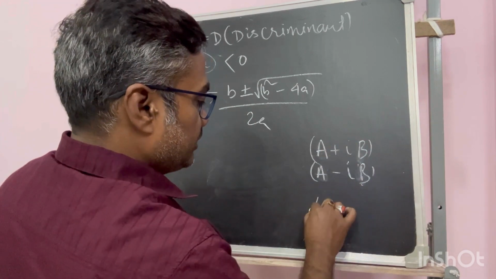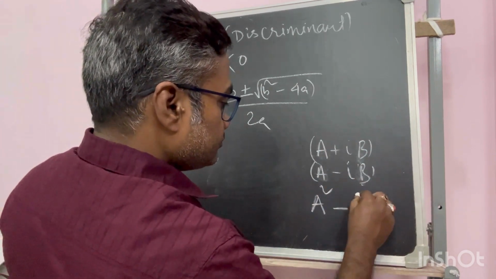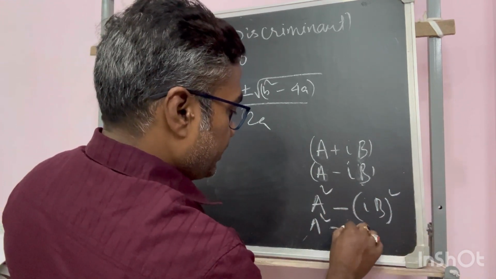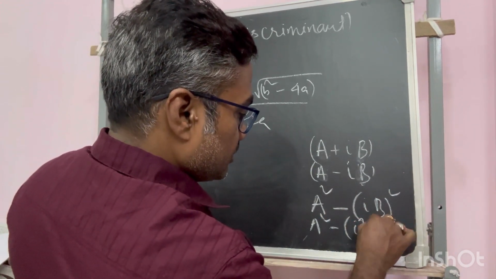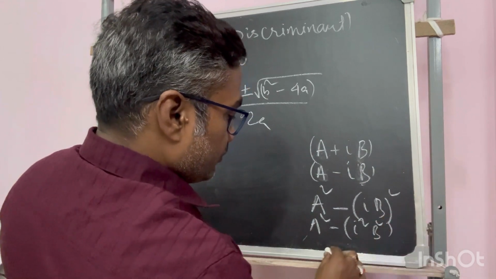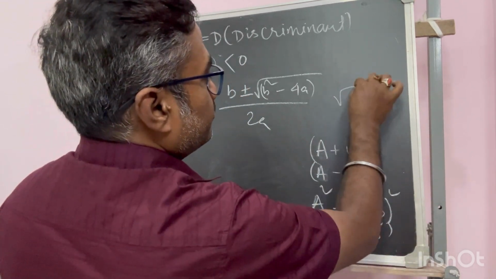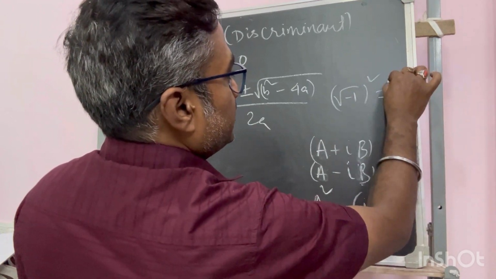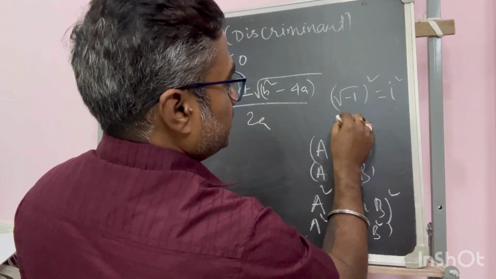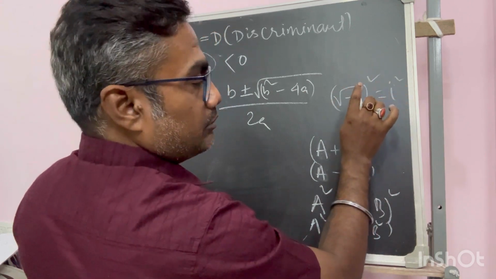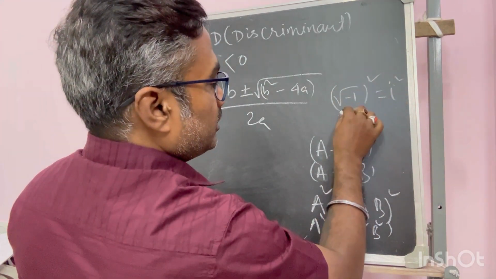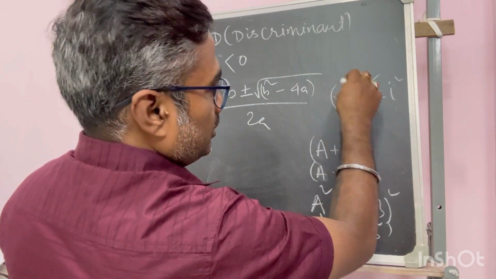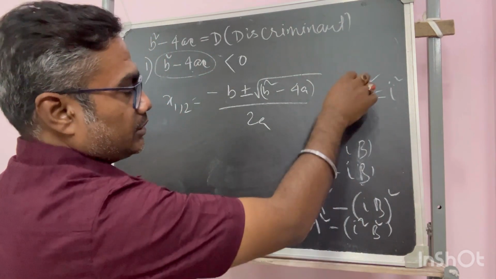If you multiply them, it will be a square minus i square into b square, where i square is equal to minus 1, so the i square terms come out, meaning the square of i will be removed from this equation.